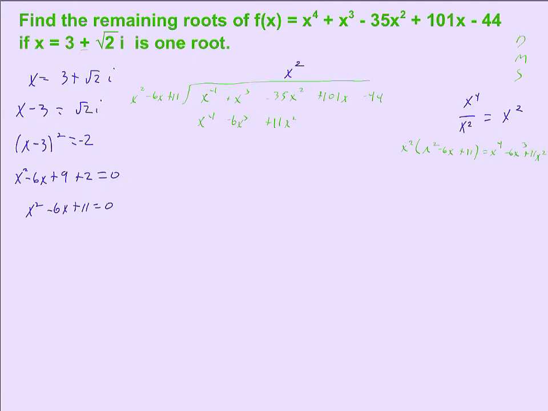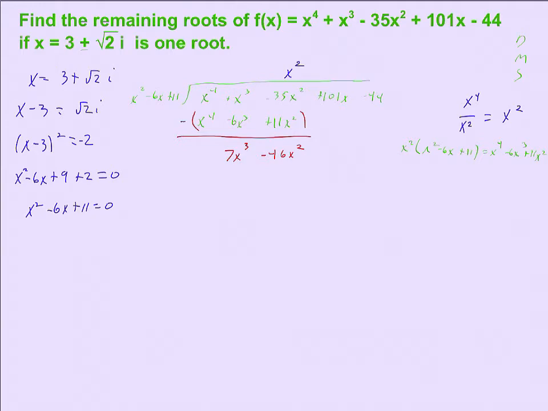So then our next step is to subtract. And again, be careful with these double negatives. We saw this in the last example. x to the fourth minus x to the fourth canceled. x cubed minus negative 6x cubed is positive 7x cubed, because those negatives do cancel out. And negative 35x squared minus 11x squared is negative 46x squared.